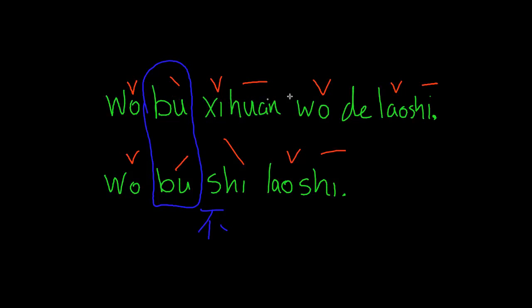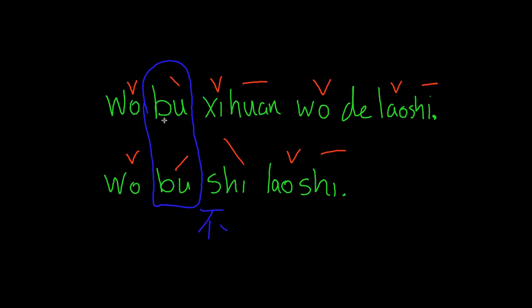我不喜欢我的老师. I don't like my teacher. And the second one, the verb is 是, is. So 我不是老师, I'm not a teacher. All right. So if you look, the tone changed.